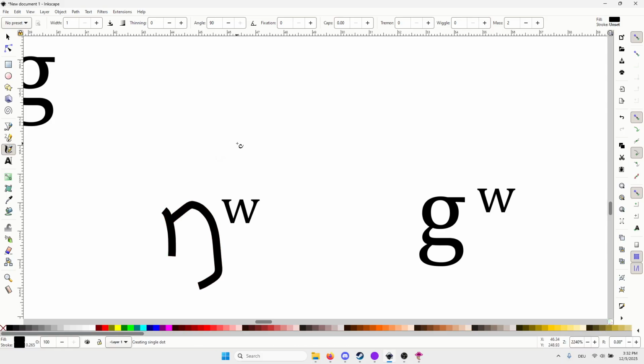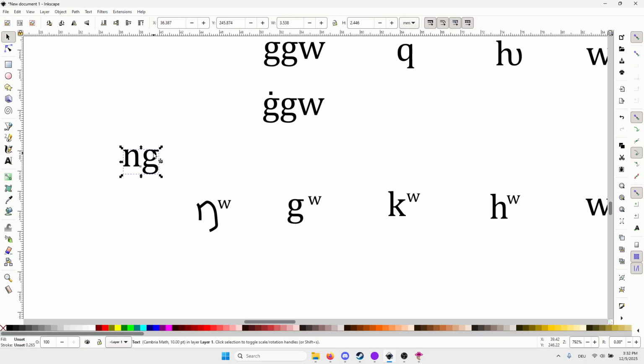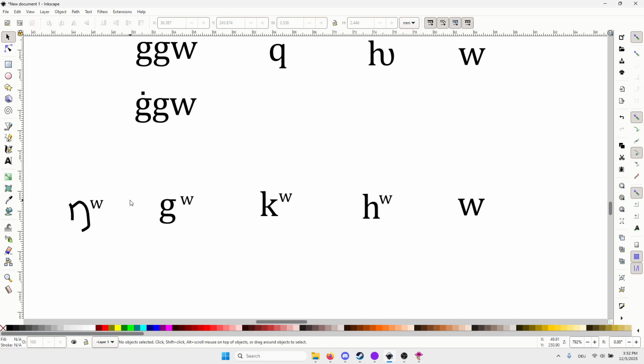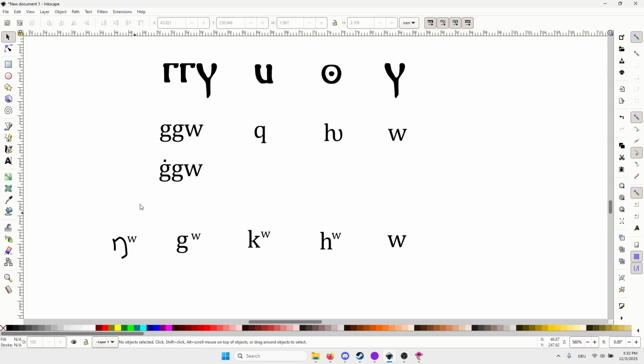I talk about this in one of my videos, where the velar N. I personally try to round it. I think it makes sense that the N would take on the rounding of the preceding consonant.